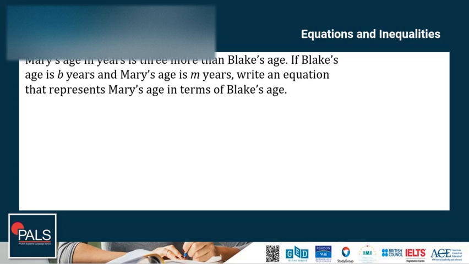So the statement implies that if you add 3 to Blake's age, you will have Mary's age. So therefore, the equation is M equals B plus 3. M represents Mary's age and B represents Blake's age.